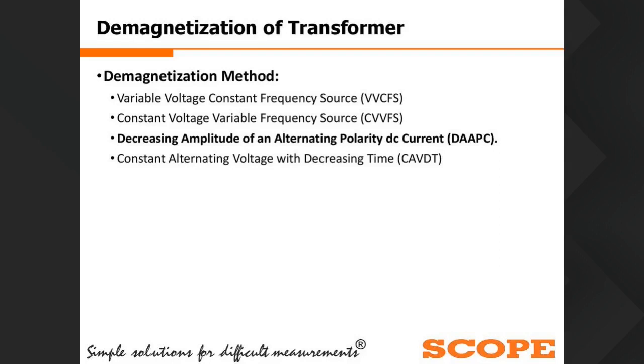Out of that, the third one is very common and very efficient, and up to 100% demagnetization is possible with decreasing amplitude of alternating polarity DC current.